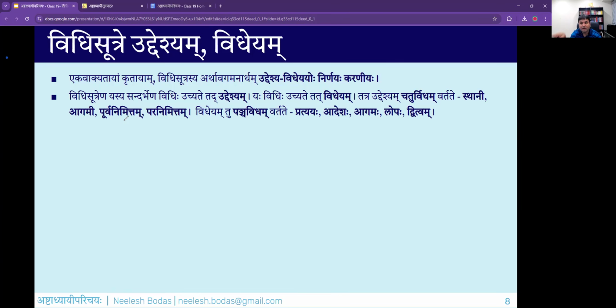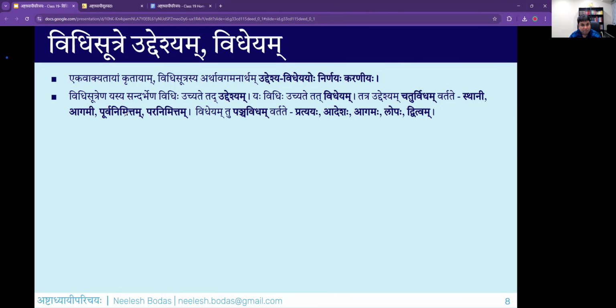Similarly, it might require a reference from the right, that is Paranimittam. So maybe out of those 4 Devadattas, 2 Devadattas are sitting behind Yajnadatta, maybe because there are 2 Yajnadattas. So then teacher will clarify more. That Devadatta who is sitting behind Yajnadatta and in front of Somadatta should stand up.